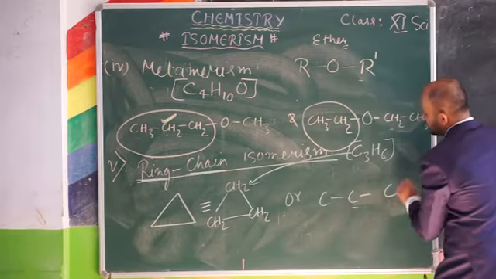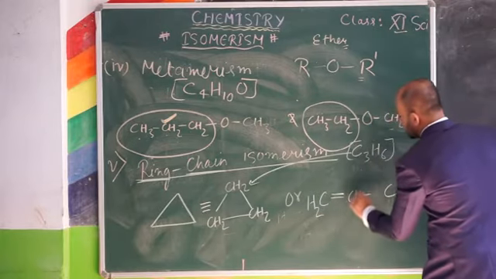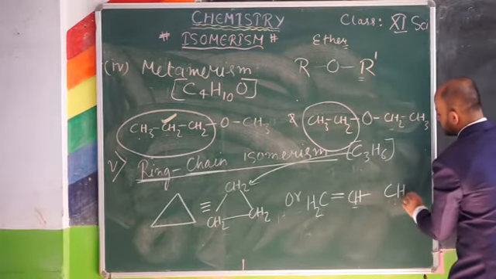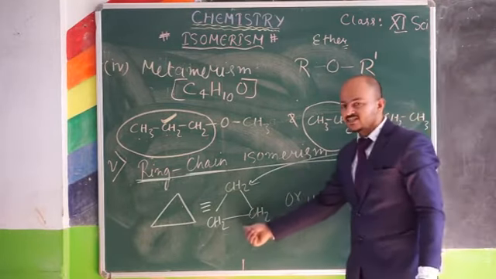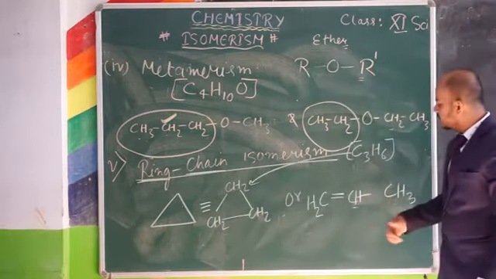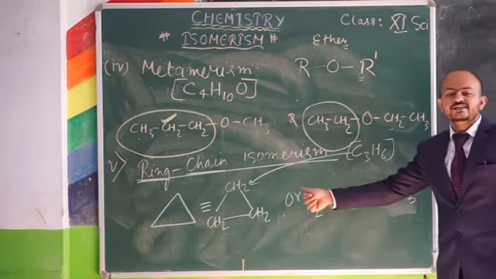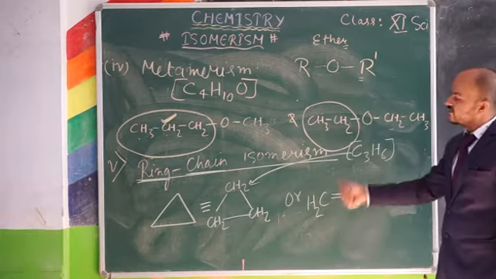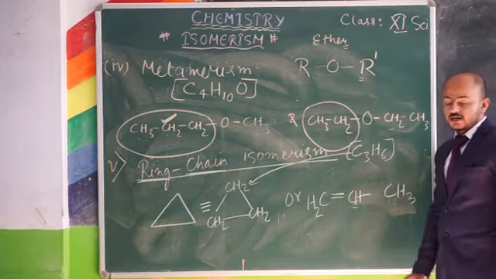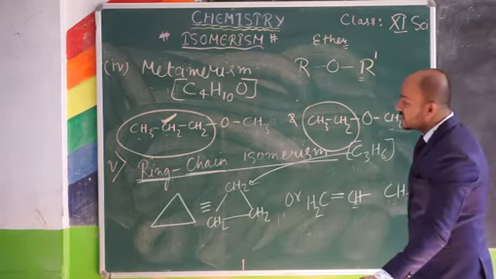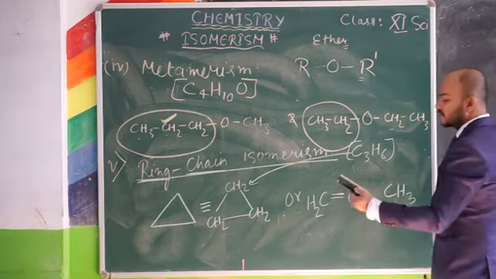Let's take three carbons. You can have a double bond here, CH2, one H here, and here CH3. So with the same molecular formula, you can have a compound staying in ring form, the other one in the chain form. Such isomers are known as ring chain isomers, and this phenomenon is known as ring chain isomerism.